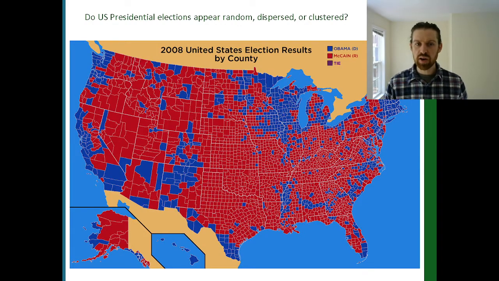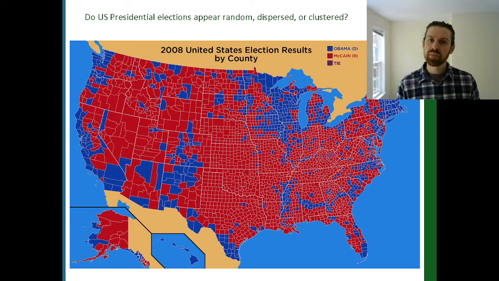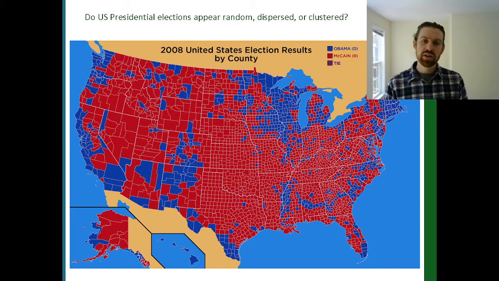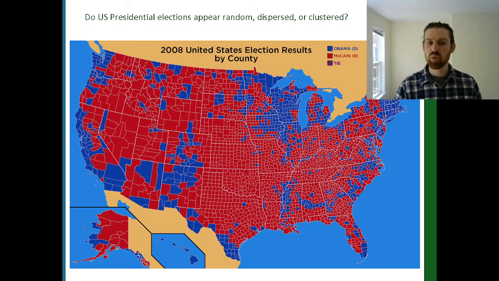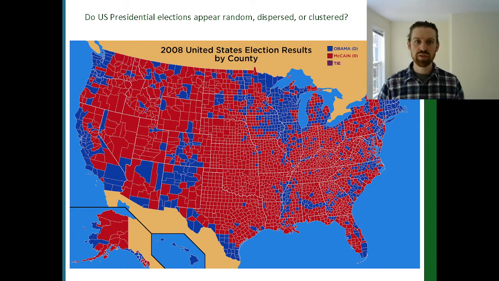And then the second thing I will say is that obviously this isn't some sort of random outcome that you get when you have political elections, for example. When I say that, what I mean is that the places that are closer together are much more likely to vote in a similar way, because of the way that we discussed the modifiable areal unit problem previously.